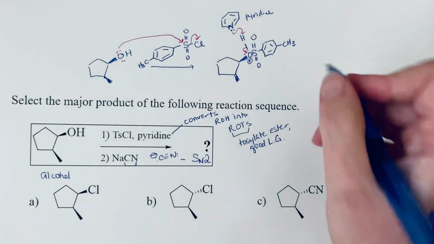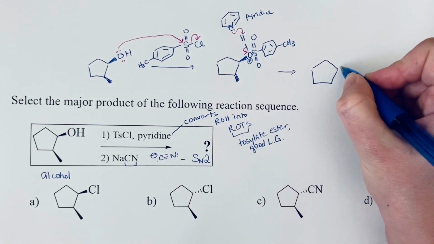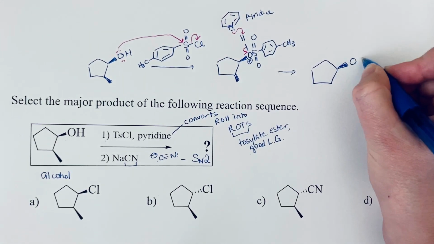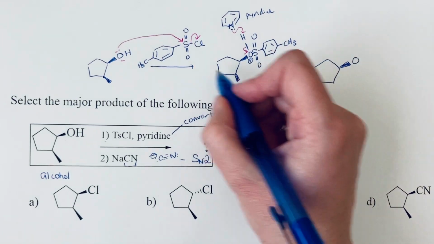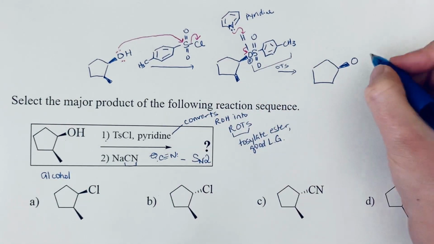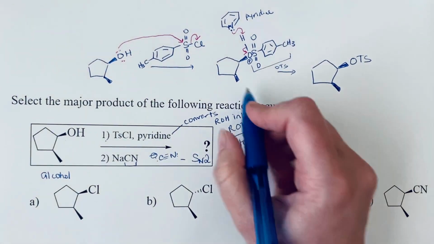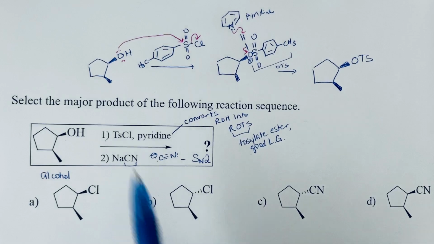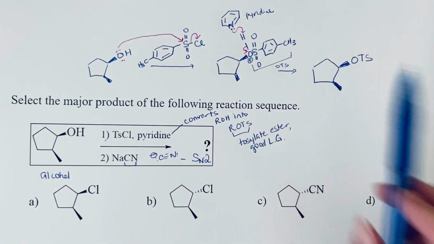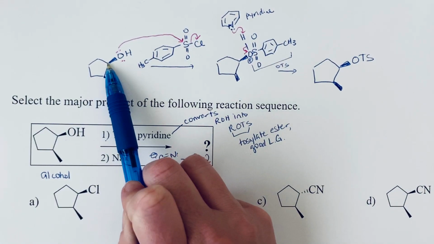And so then we will have the full product of that first step, which is, and I'm going to abbreviate this whole portion, OTs, and we have the methyl group still. So we have taken the alcohol and transformed it into a good leaving group, and what's important here is that we have conserved the stereochemistry of this chiral carbon.